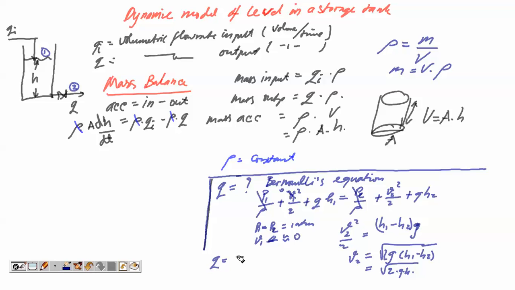So Q is V2 times A. In our case, when the area is A, then the volumetric flow rate will be velocity times A.